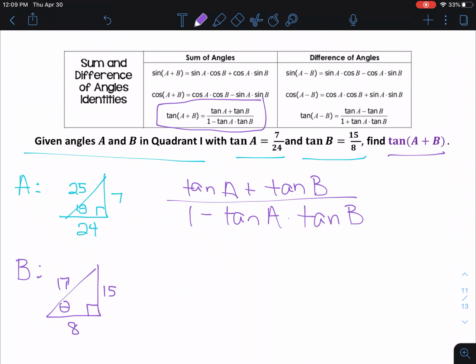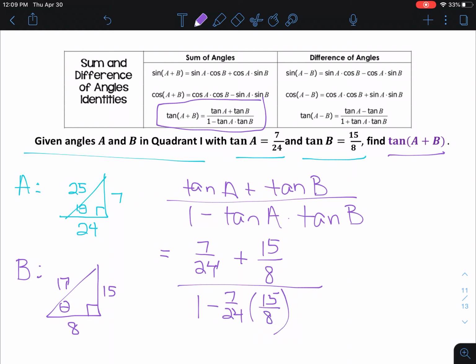All right, so tangent of a, we already know, is 7 over 24, plus tangent of b is 15 over 8. And then I have 1 minus tangent of a, which is 7 over 24, times tangent of b, which is 15 over 8. Okay.